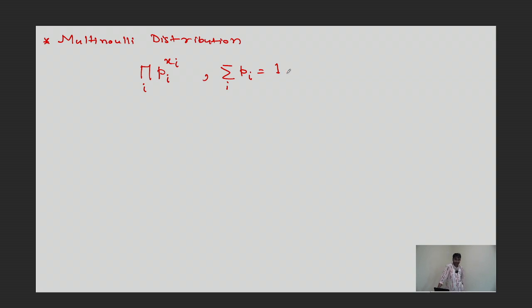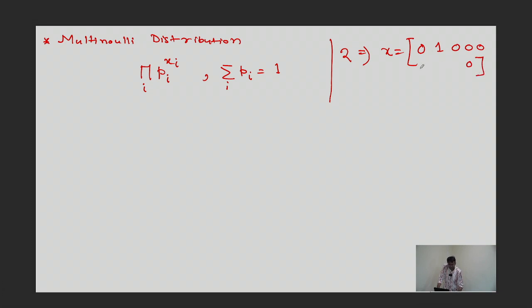Okay, and also how is the x represented? I told you yesterday. Suppose I get a 2. What will this x look like? 0, 1, 0, 0, 0. So if I get a 2, for example, then my x is equal to 0, 1, 0, 0, 0, and assuming dice throw, there will be 6 entries, so 1 more.